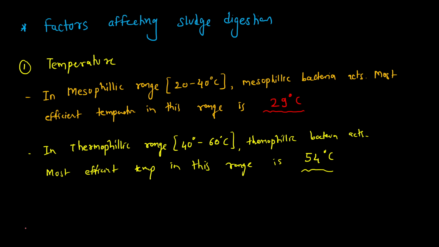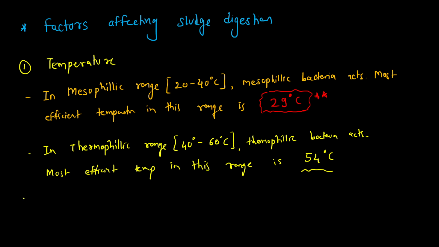If it is asked what is the most efficient temperature during the sludge digestion, you should go with 29 degrees, because the best results occur when the sludge digestion occurs in mesophilic range and the temperature is 29 degrees Celsius.